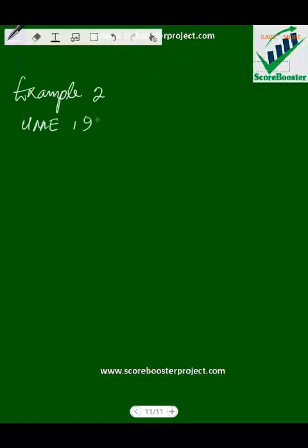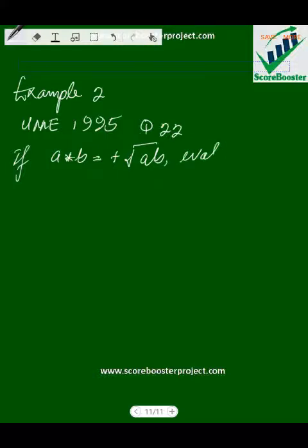Then it was called UME. 1995 question 22. So the question is, if A asterisk B is equals to plus square root of AB, evaluate 2 star 12 star 27.